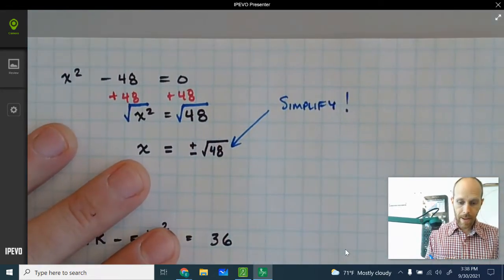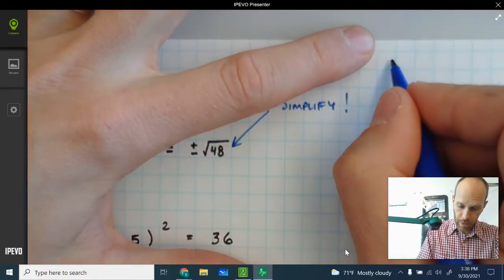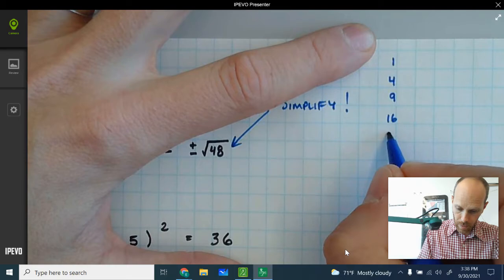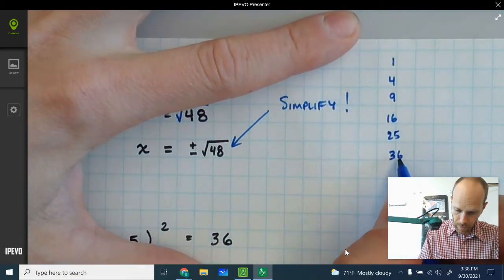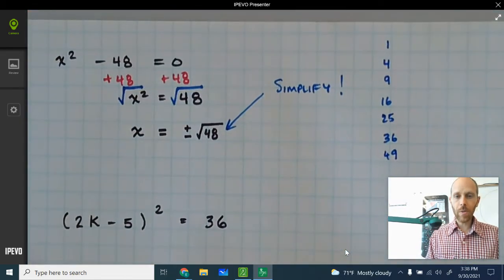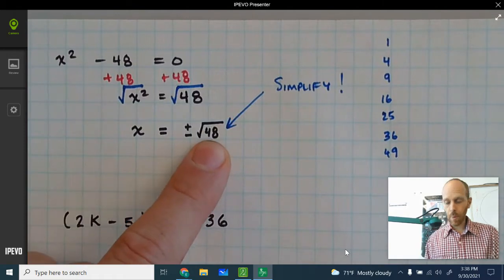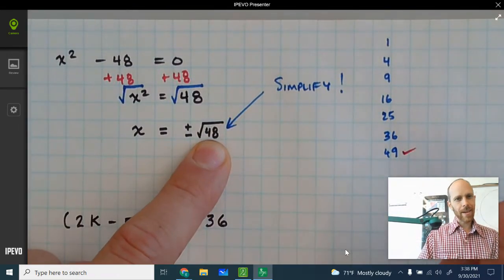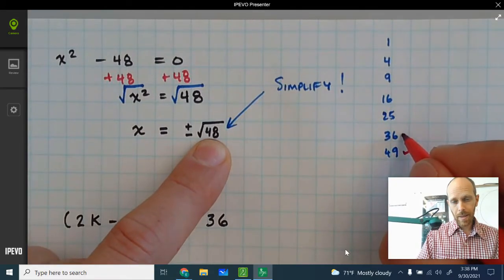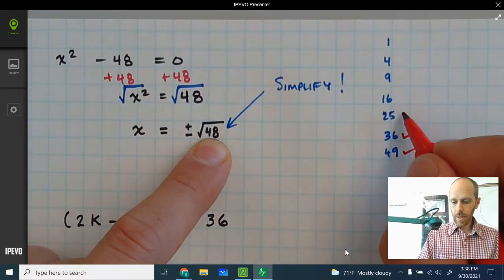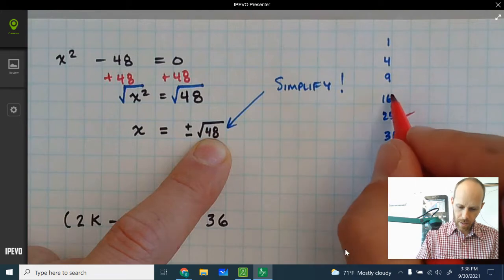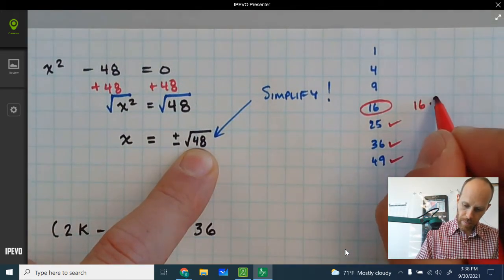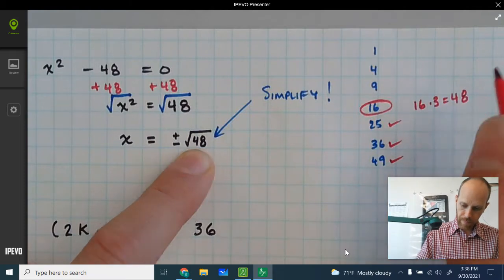So simplify means from our list of perfect squares, 1, 4, 9, 16, 25, 36, 49, we need to grab the biggest number that we can pull out of 48. So 49 is not a factor of 48, and neither is 36, and neither is 25. But 16 is. Specifically, 16 times 3 is equal to 48.